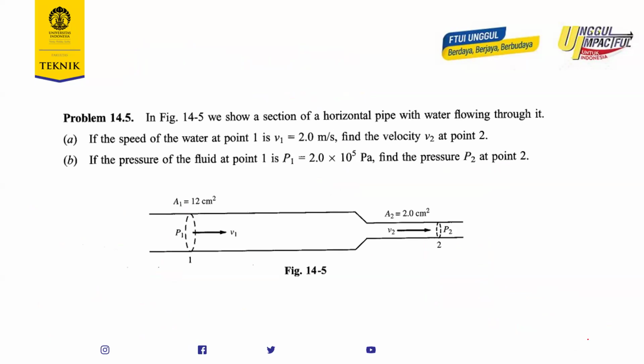Okay, and then we show a section of horizontal pipe with water flowing through it. If the speed of water at point 1 is V1 equals 2 meters per second, find the velocity V2 at point 2. If the pressure of the fluid at point 1 is 2 times 10 to the power 5 Pascal, find the pressure P2 at point 2. So for part A, this is the continuity equation, right?